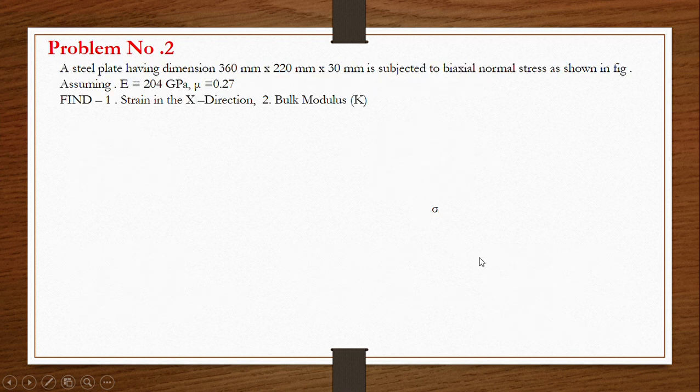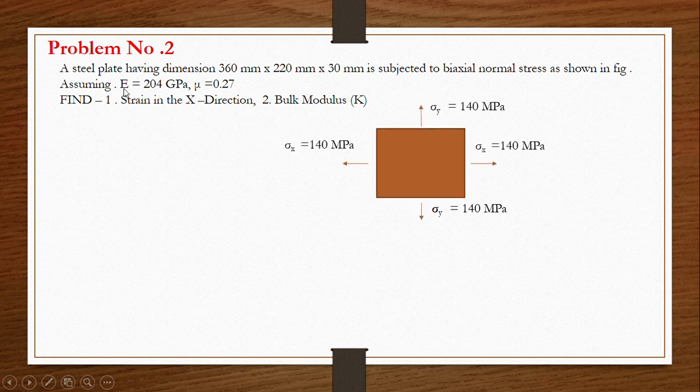In the second numerical, again, a steel plate having dimensions 360 mm into 220 mm into 330 mm is subjected to biaxial normal stress as shown in the figure. The figure is there, and E is 204 gigapascal and mu is equal to 0.27. First of all, observe that all the forces are in the outward direction, that means tensile, so all the stresses are positive.